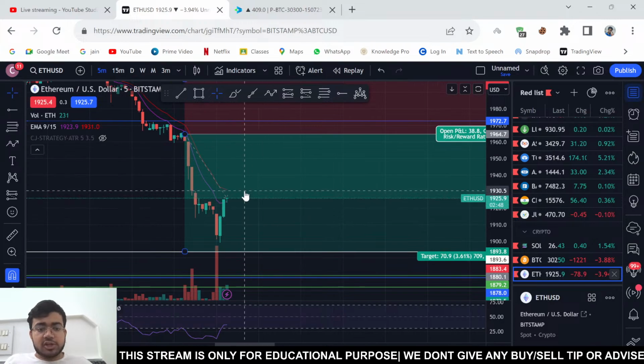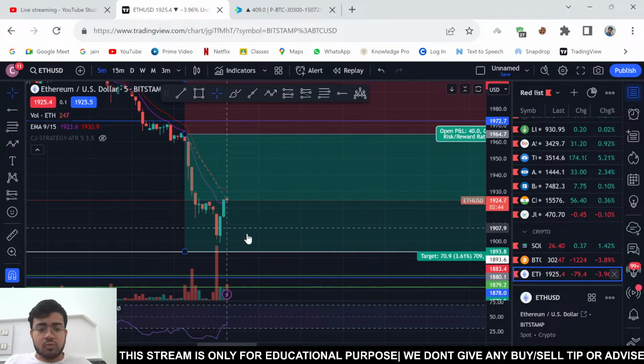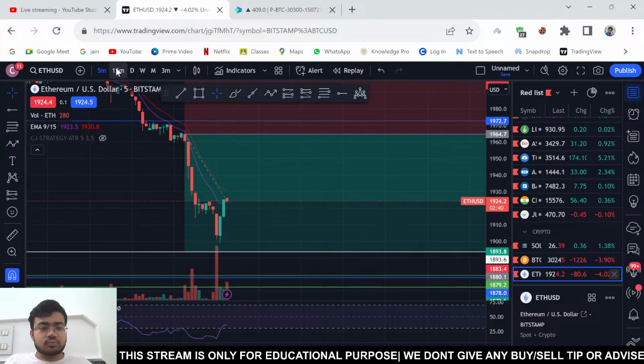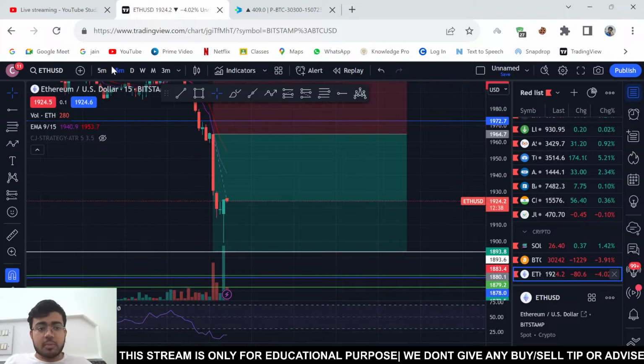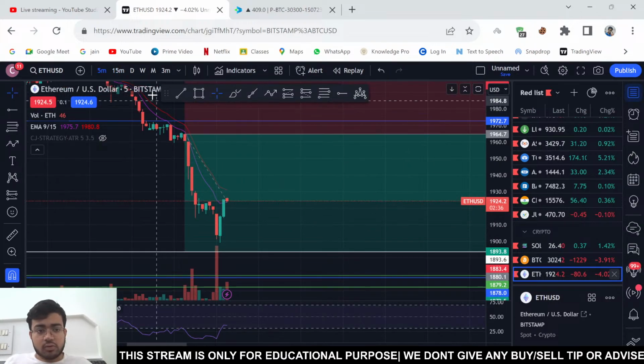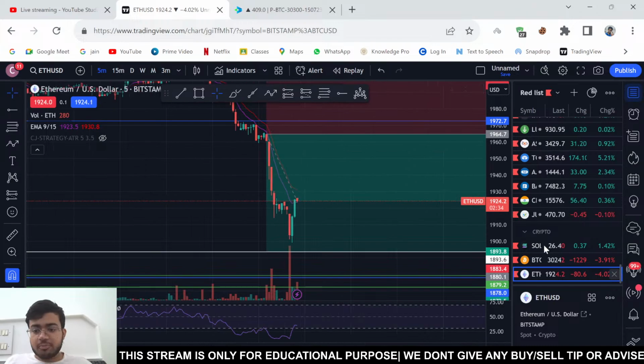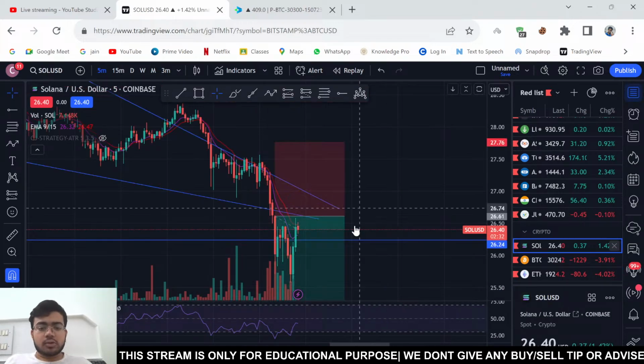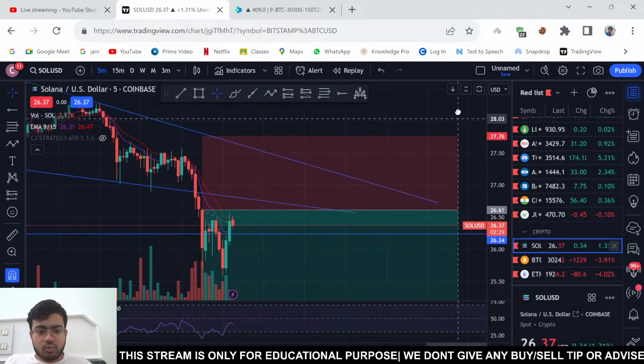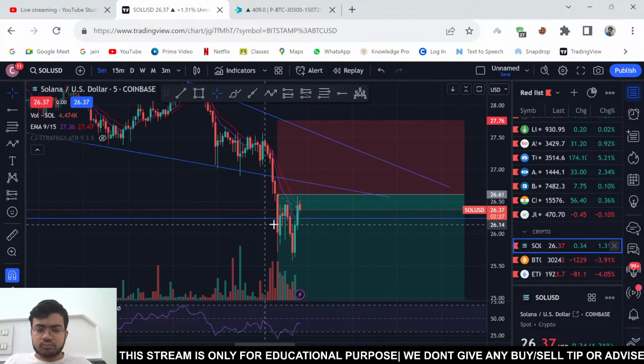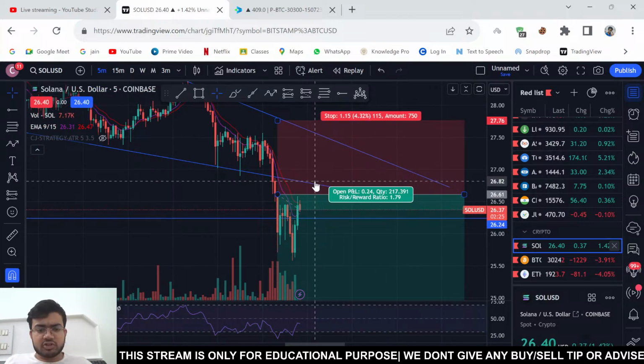If you are in Ethereum right now, seeing some good profits, it might be time to say bye bye to this trade at this point. On Solana, no worries even if it goes to this level.